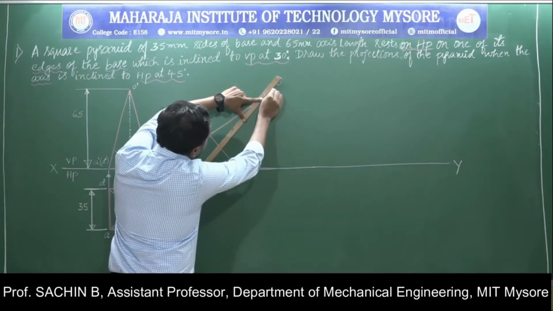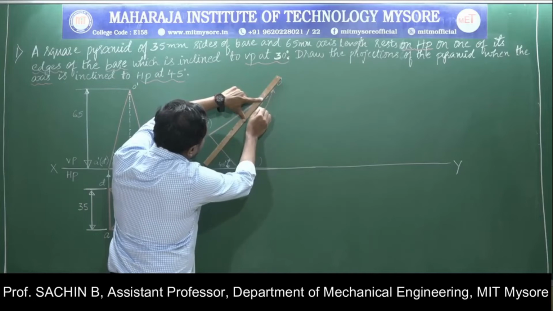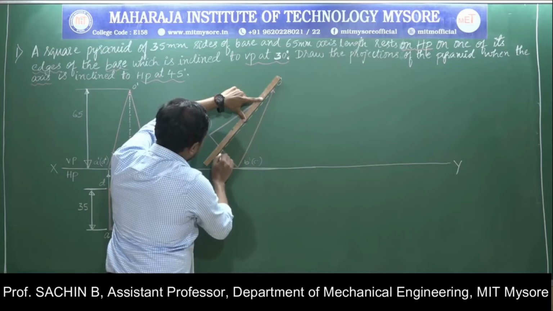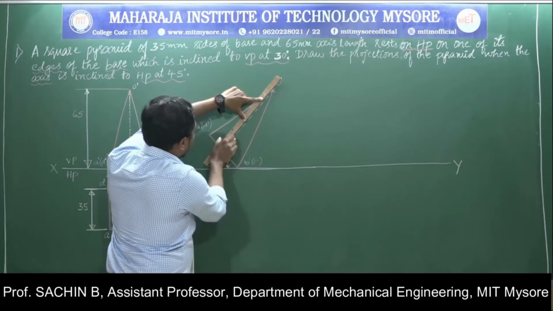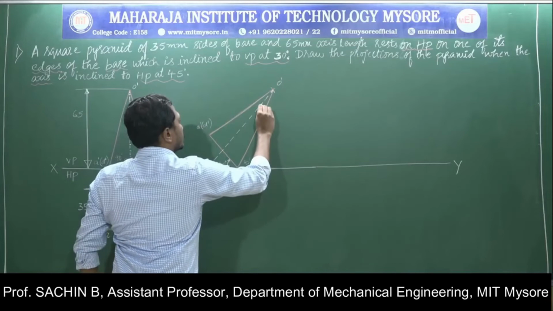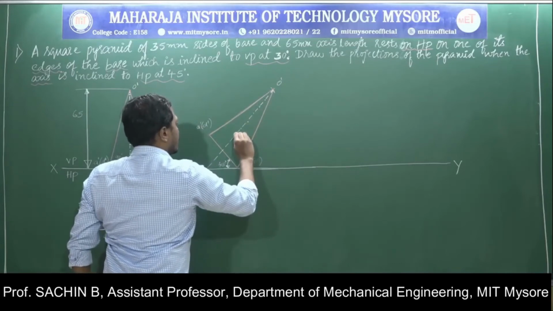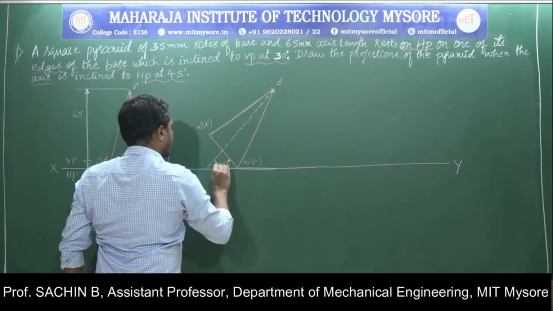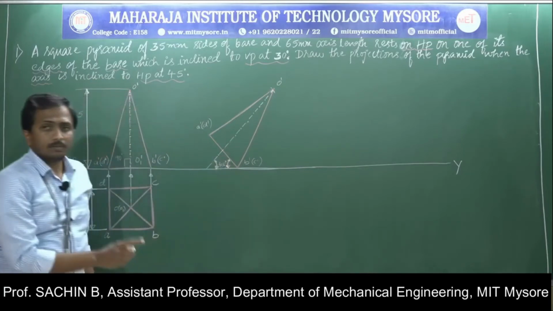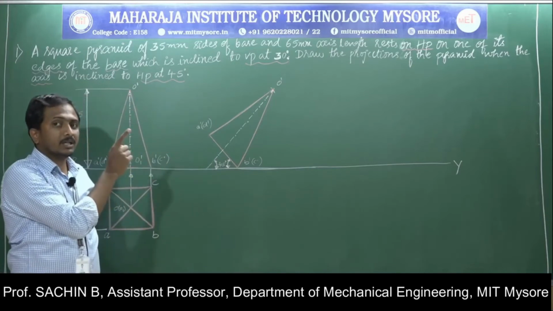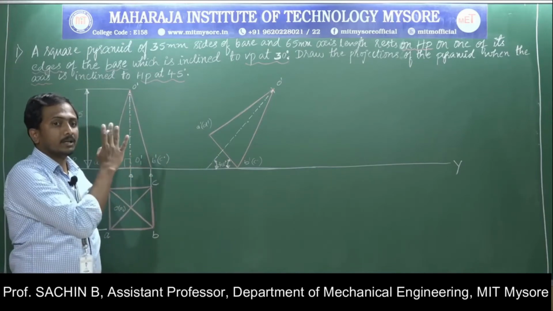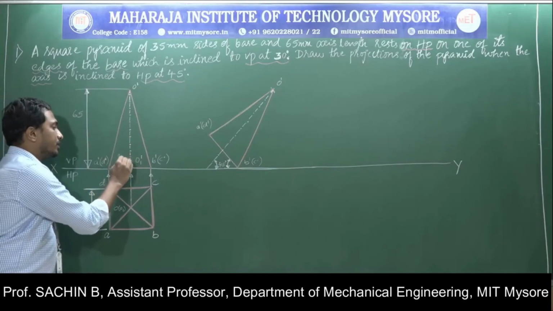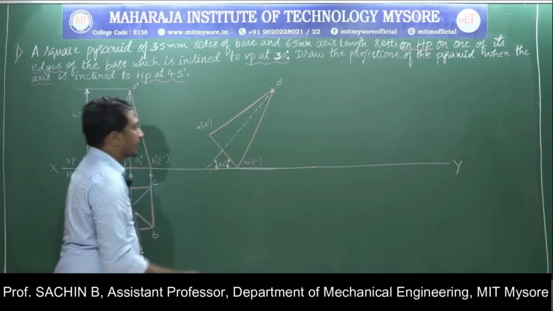I will draw the chain line. Now if I measure this angle, it is exactly 45 degrees. Here they gave the axis inclination, but I have made the edge inclination, because the axis is inclined at an angle of 90 degrees to the base. Based on that, I constructed this.